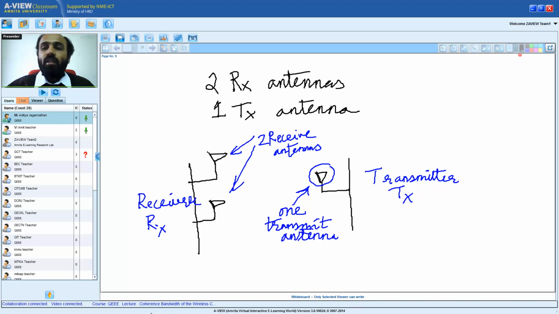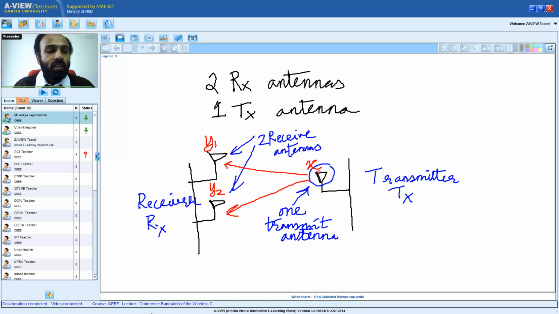So whatever is the signal that is transmitted, it is received at the two receive antennas, right? Previously we had only one received signal y. Now we have two received signals. We have y1 and we have y2.